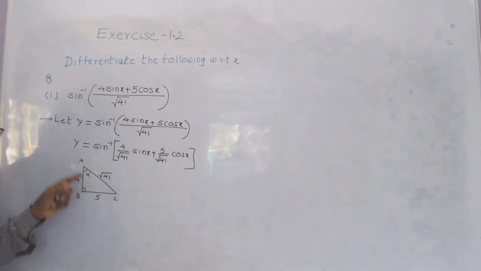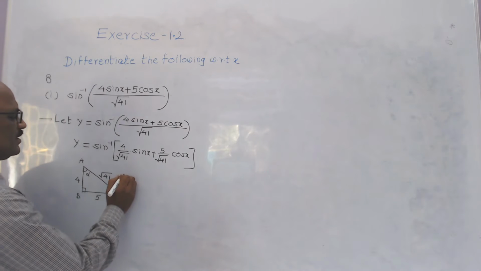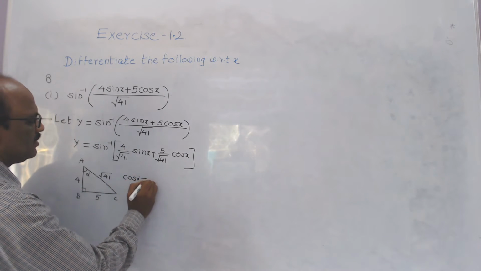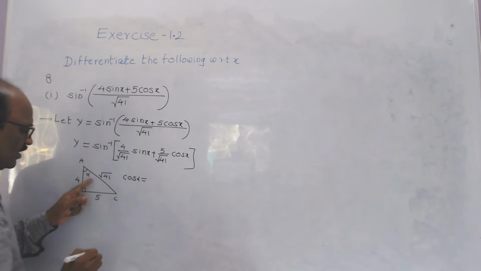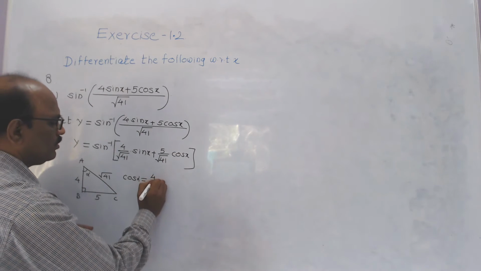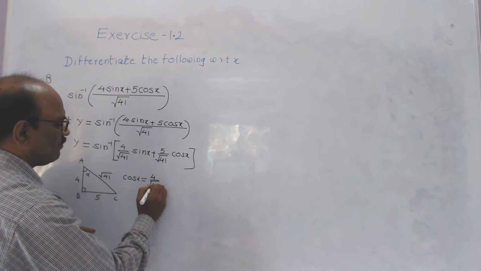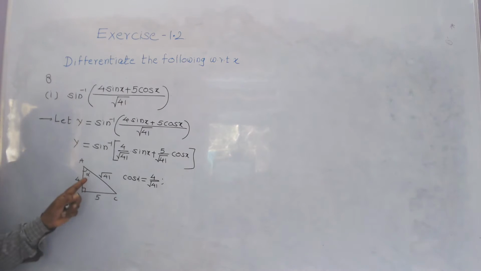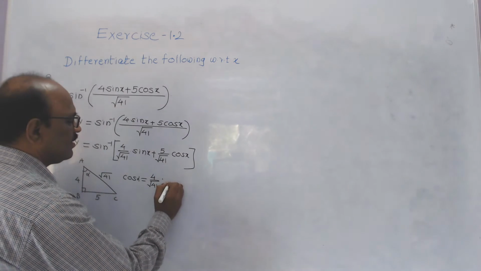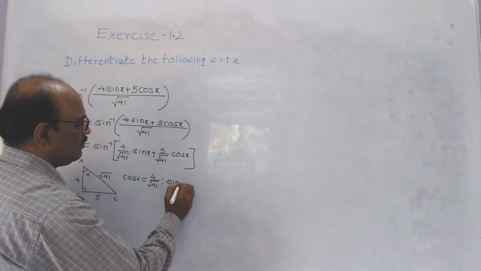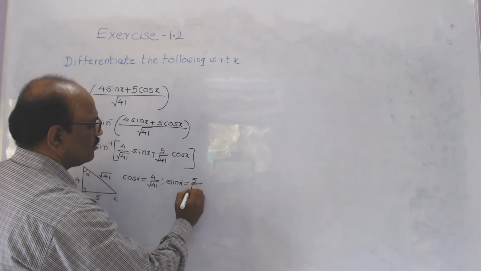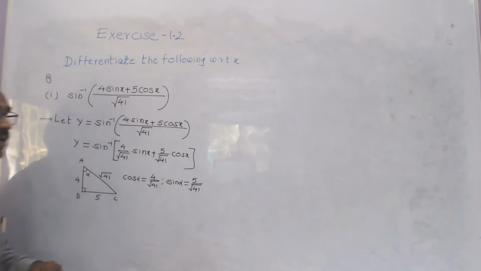Now from this triangle, we have cos of alpha is equals to 4 upon root of 41. Okay, this is the first one. And what about sin alpha? Sin of alpha is equals to 5 upon root of 41.